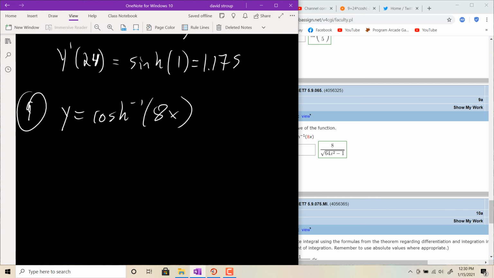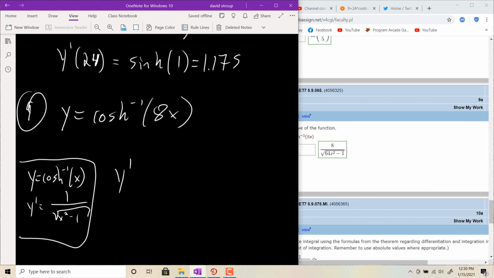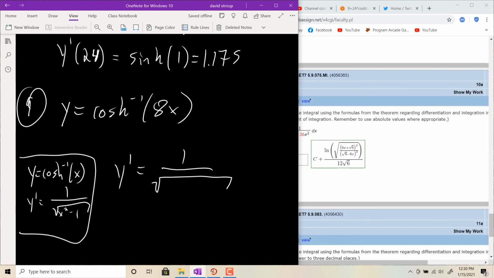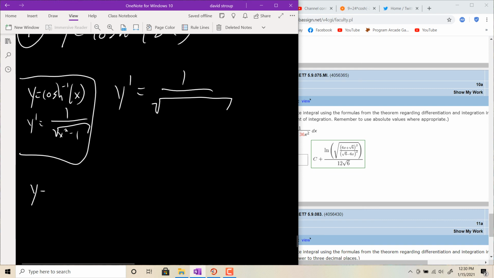We saw above that if y equals cosh inverse of x, its derivative is 1 all over the square root of x squared minus 1. If you have a more general definition, y equals cosh inverse of u, y prime will be 1 over the square root of u squared minus 1 times the derivative of u.